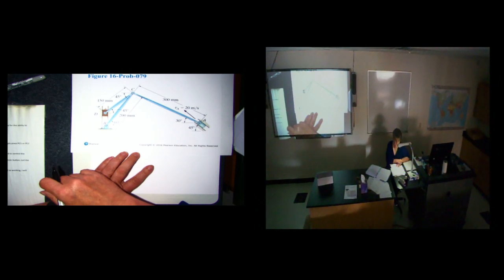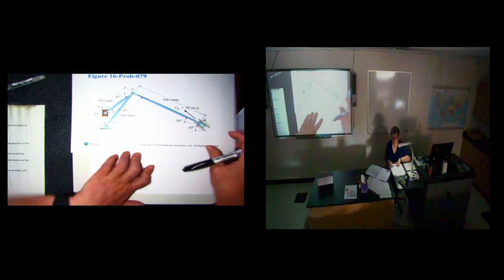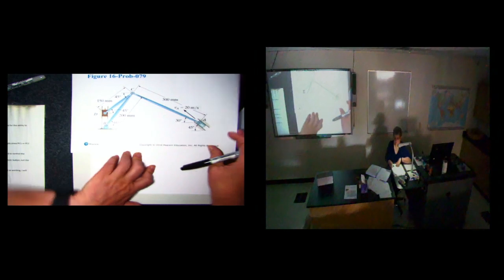So VC is going to be negative VC cosine of 30 degrees in the I direction plus VC sine 30 degrees in the J direction. VD is easy enough because it's only in the J direction. So I've got that part.